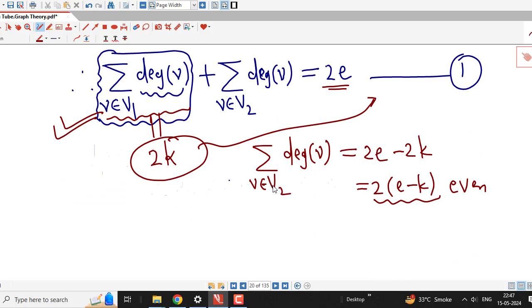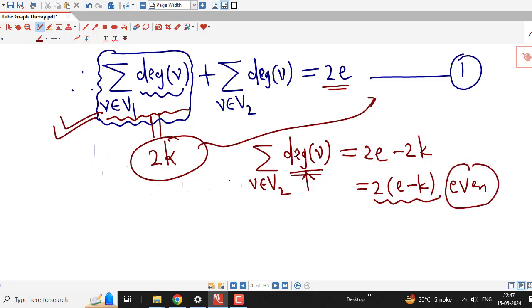Now what is capital V2? Capital V2 is the set of vertices of odd degree. So here we have all those vertices which are in capital V2, and we are taking their degrees. So degree of V is odd here, and we are taking their summation, and their summation turns out to be even.